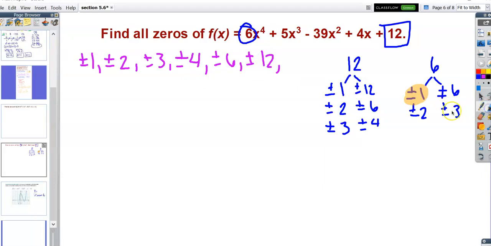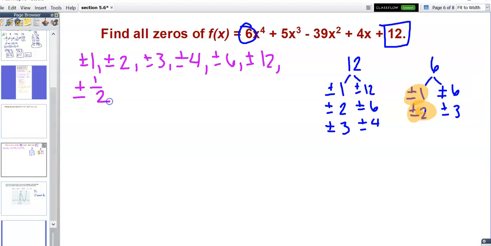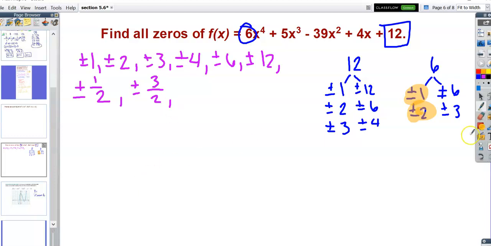Next, we're going to write a fraction and have 2 be in every denominator. So positive or negative 1 over 2. Positive or negative 2 over 2, which is 1, and we already have it. Positive or negative 3 over 2. Positive or negative 4 over 2 is the same as 2. 6 over 2 is the same as 3. 12 over 2 is the same as 6, and we already have all those options.